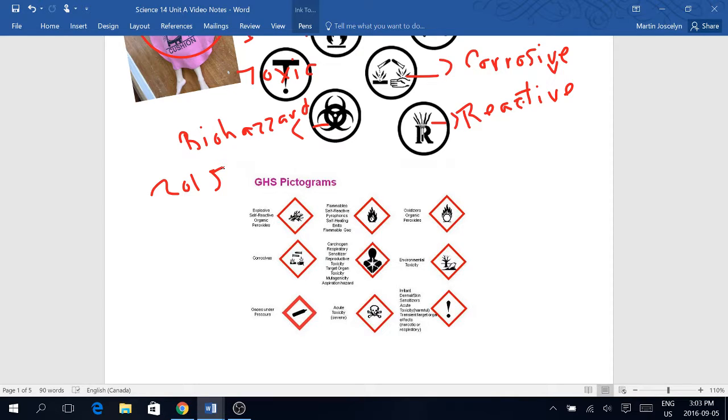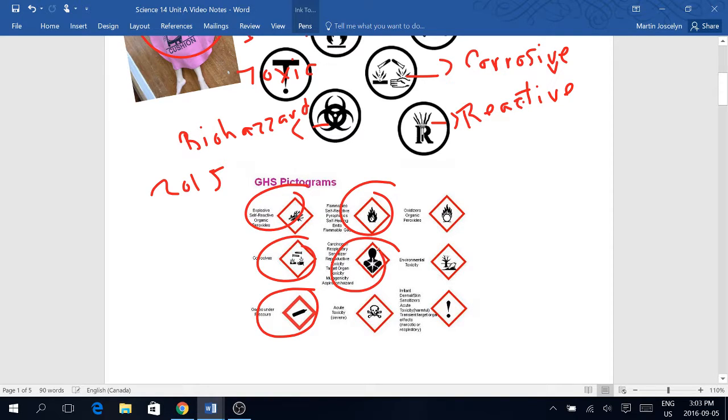We've got explosive, corrosive, gas under pressure, flammable. This is toxic or carcinogen or something to do with your respiratory system. This is also toxic or poisonous like before. Oxidizing, environmentally toxic, and this is like toxic as well, or an irritant.